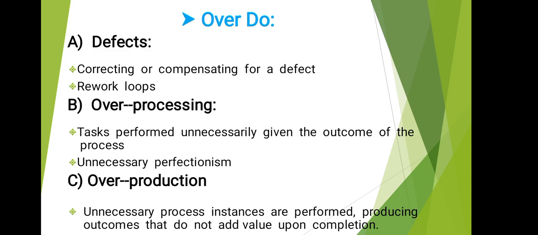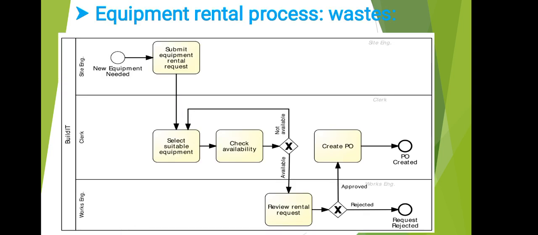Defects: if there is any kind of defect, correct it, rework the loops. If you notice any defect in the process, restart the process. Overprocessing is performing a task unnecessarily given the outcome of the process, unnecessary perfectionism. Overproduction is the same thing which I described.